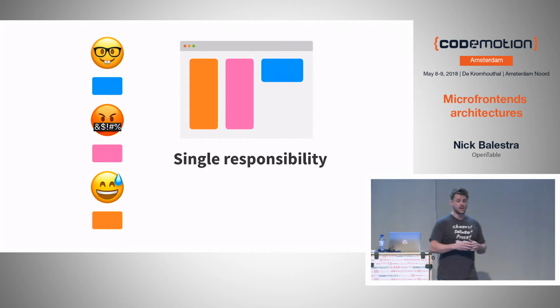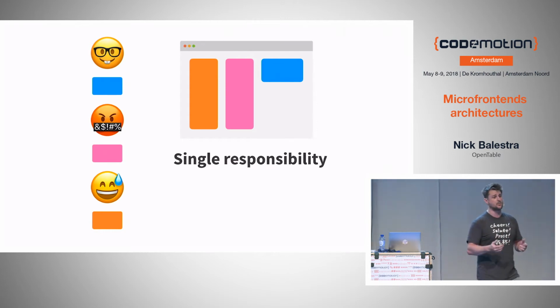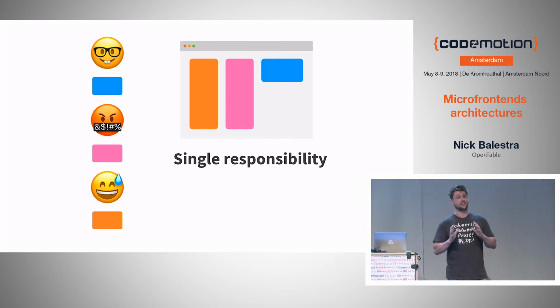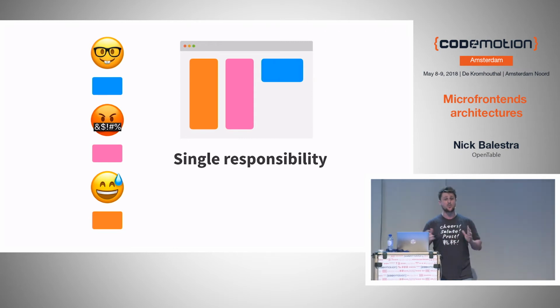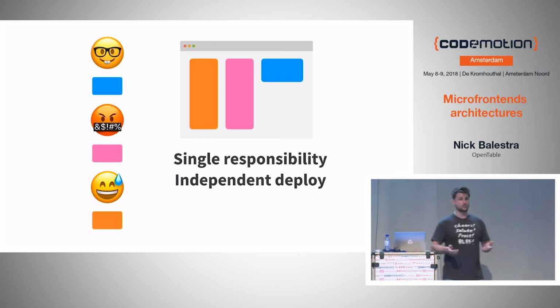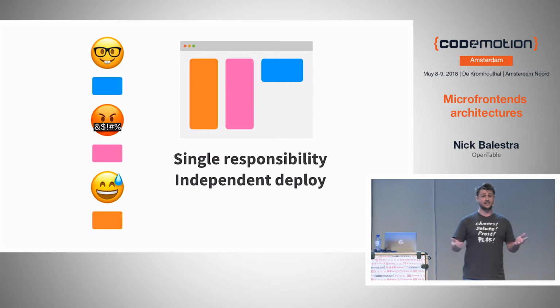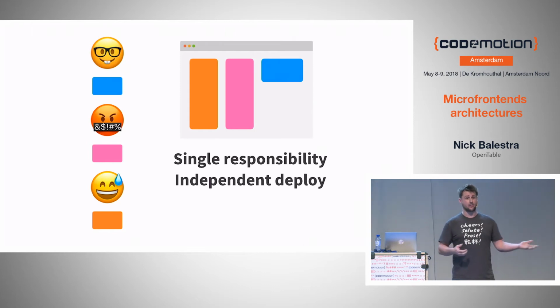First, again, single responsibility. Each team is responsible for their own feature, and it's very concise on what that feature does. They probably don't have to know much about what the other teams are doing. They also want to deploy independently. Imagine that those teams are co-located differently in different offices. For example, at OpenTable we have an office in London, an office in North America, and an office in Asia.